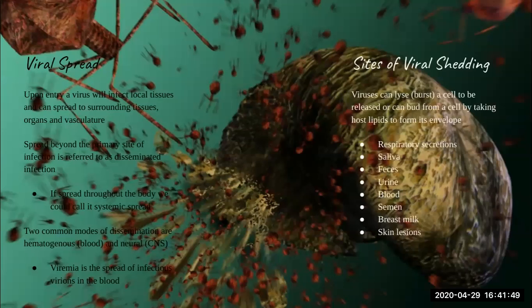Once the virus has spread, all along this process, it has to continue infecting host cells and getting out of host cells. There are two main ways that we see viruses doing that. One is illustrated by the background photo here. We see these bacteriophages I've shown before. It's really neat.